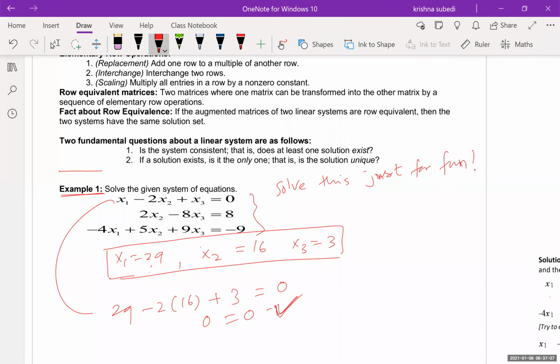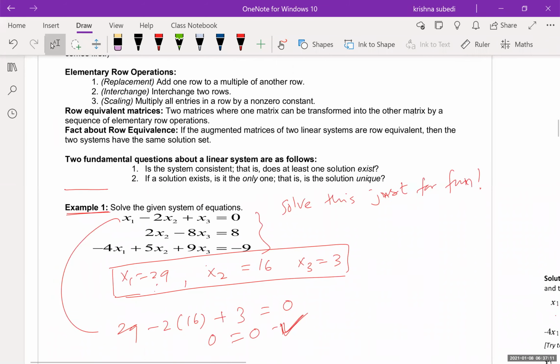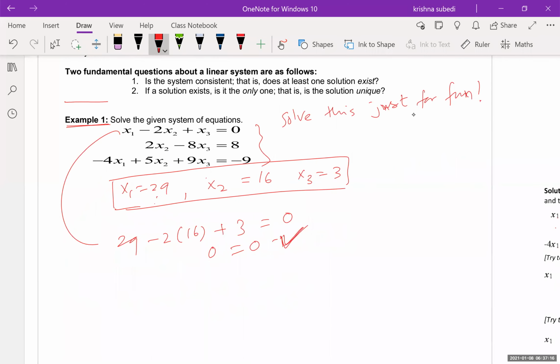Now, we can solve this by using a matrix. So if you want to solve this by using a matrix, first you need to consider the augmented matrix.